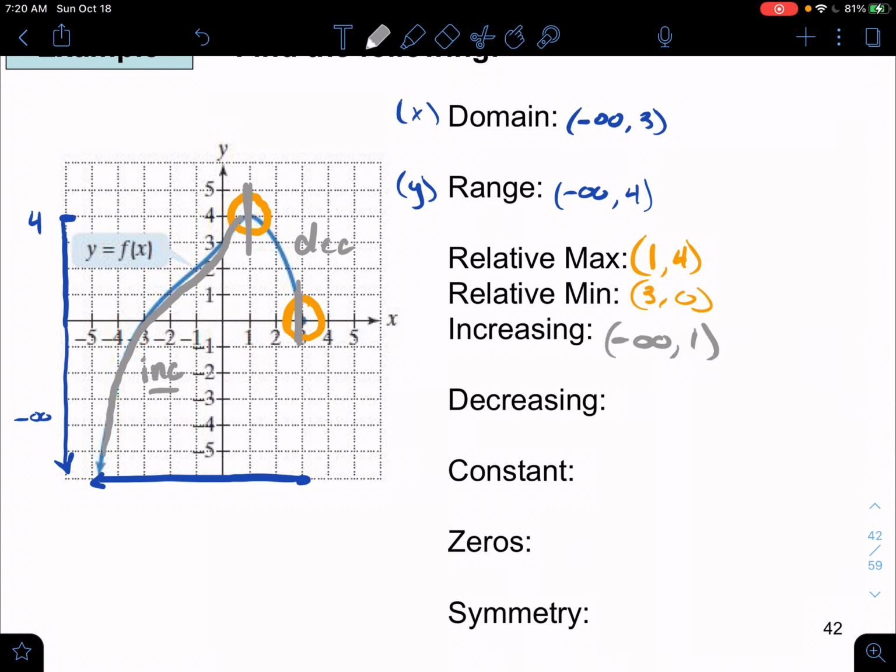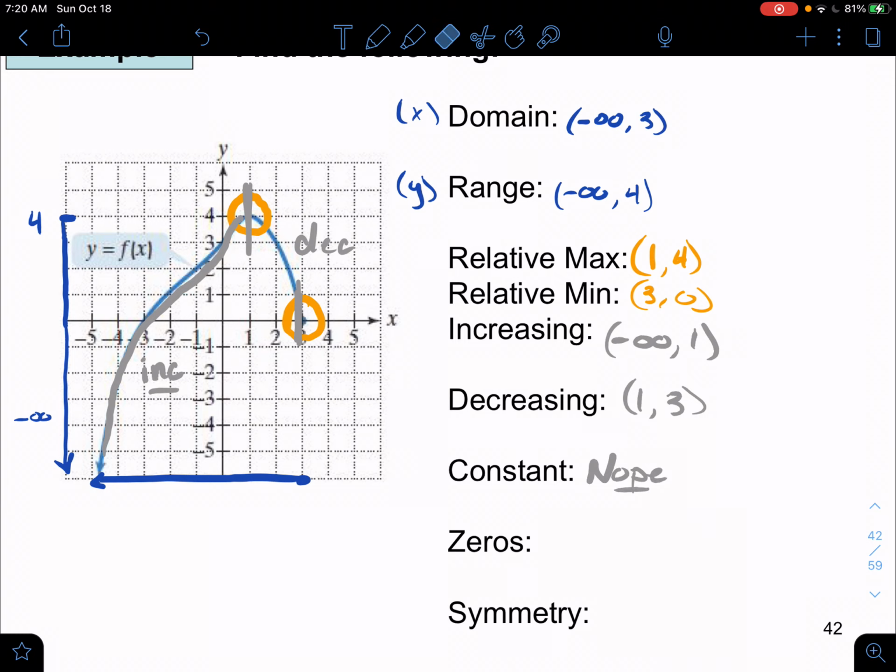Our increasing values, we always are just referring to our x. For our decreasing values, we see our function get lower on the y-axis from 1 to 3. Now, this graph did not have any flat points. There was no spot where it stayed constant, so we can say, nope.